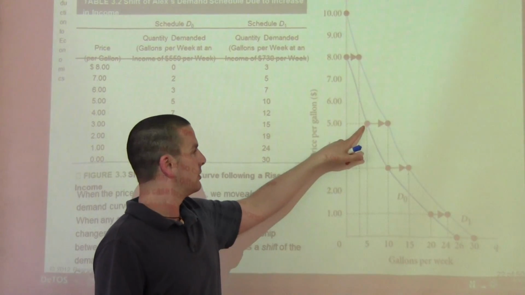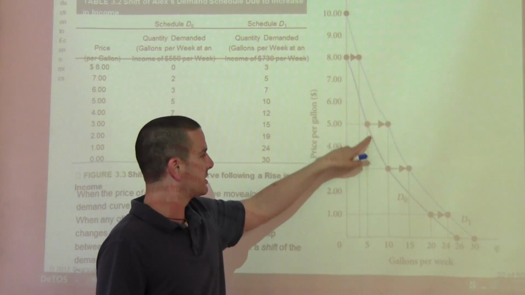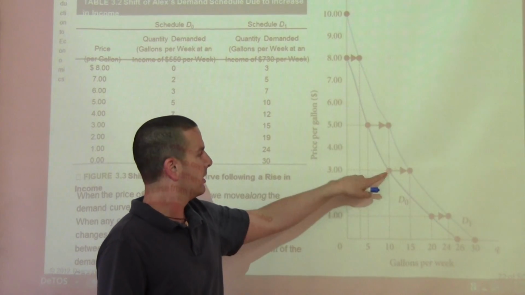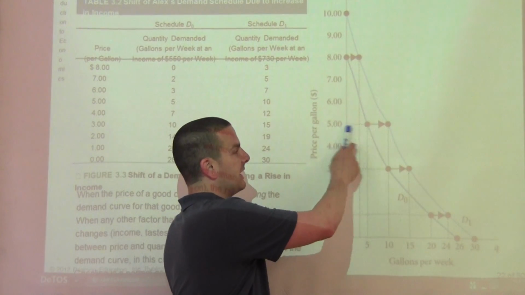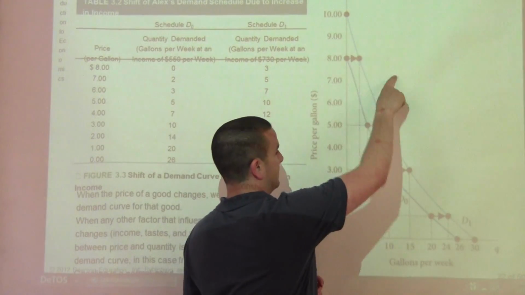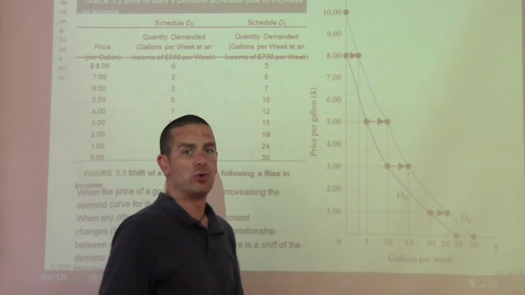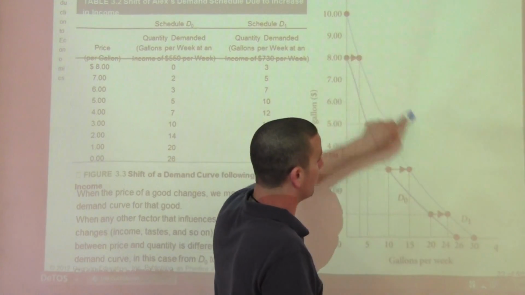So, once again, if the price changes, you slide along the curve. But if your income goes up, the steak could still be $5, but you're going to buy more of it at each price. So the demand curve shifts outward.